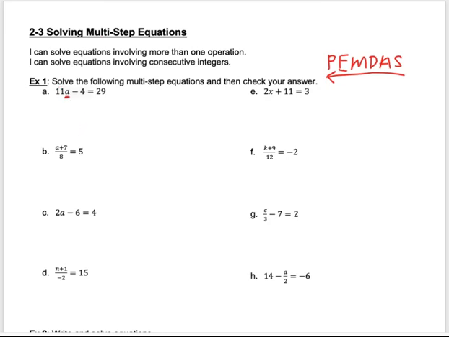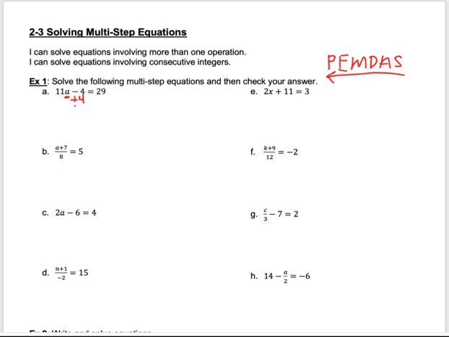Now, I have 11 attached to a, which is multiplication. I also have minus 4, so that's subtraction. So what I'm going to do is get rid of this subtraction first, because it's not attached to my a, and I'm working PEMDAS backwards, and addition and subtraction comes first. So in order to get rid of this subtraction, I'm going to add 4 to both sides.